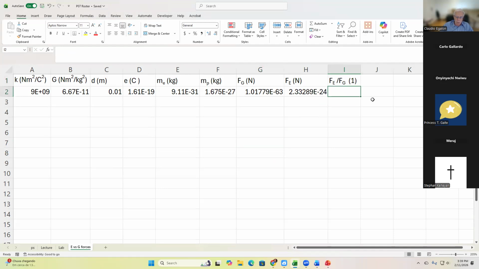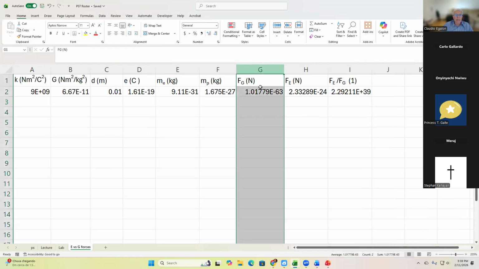Divide one by the other, and the electric force is several orders of magnitude greater than the force of gravitation. 10 to plus 39 is such a large number, so large, that we can neglect the gravitational force. Do you see now why we can neglect the gravitational force at the microscopic level?